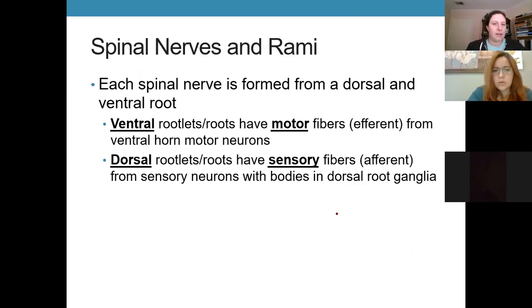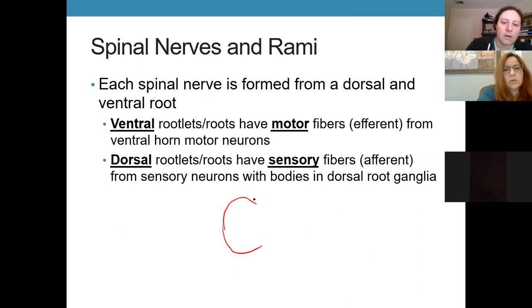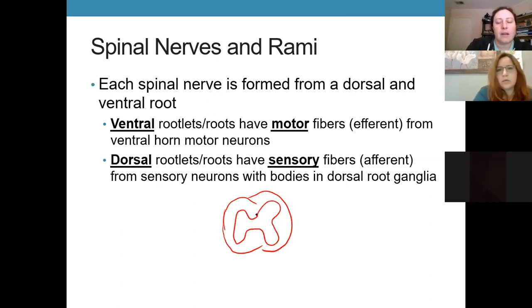So now we're going to get into the details of the stuff that I've kind of mentioned before. So spinal nerves are formed from a dorsal and a ventral root, right? So we have the spinal cord itself, butterfly, and so we have all of these dorsal rootlets and all of these ventral rootlets, dorsal root ganglion.